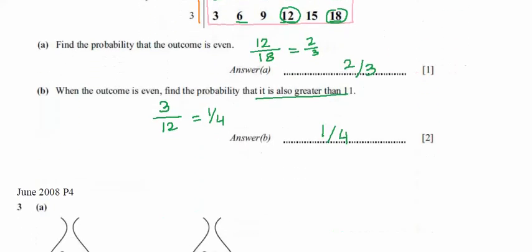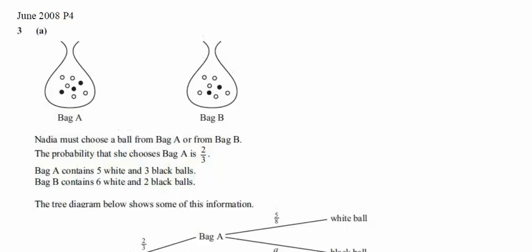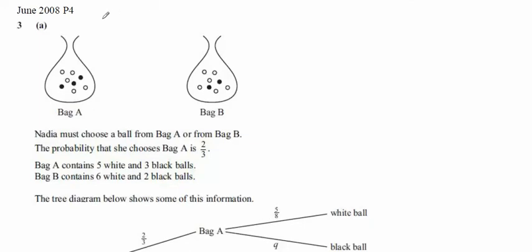Now there is another question. June 2008, paper 4, question number 3, part A. So here the experiment: bag A and bag B are shown.